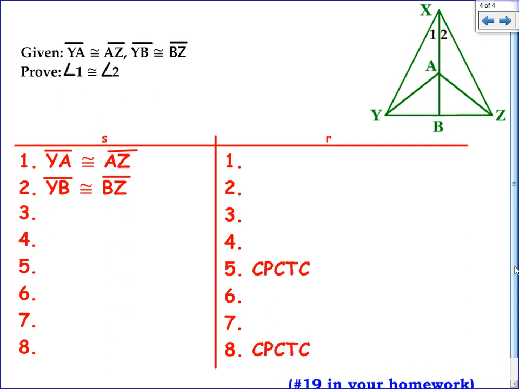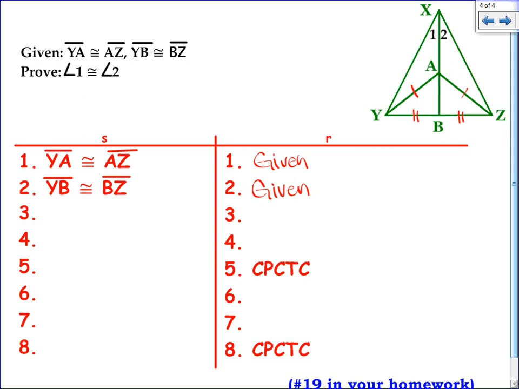Okay, the first one's obviously just putting down the givens. So let's fill that part in. Let's put them on the picture too. YA is congruent to AZ, and YB is congruent to BZ.